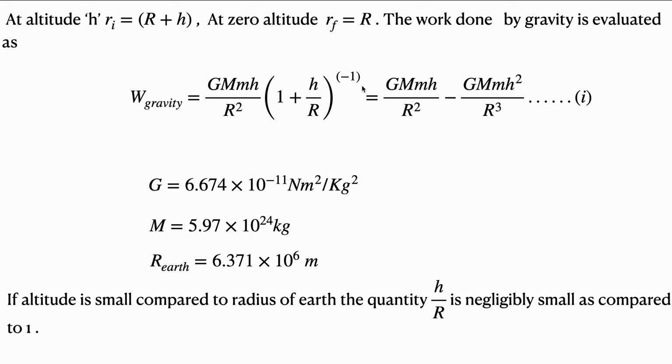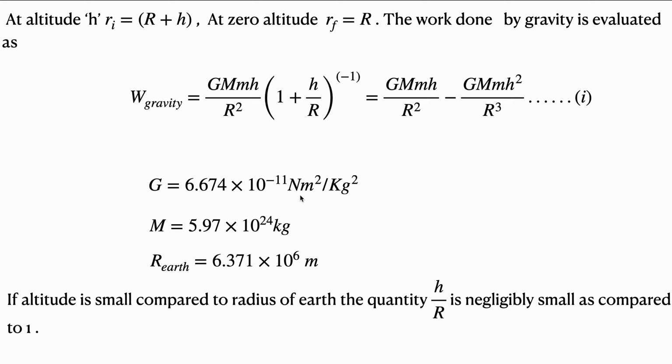If we expand the value inside the bracket, we will get 1 minus h by R. So W gravity will become G M m h divided by R square minus G M m h square by R cube. Let's call this equation 1.